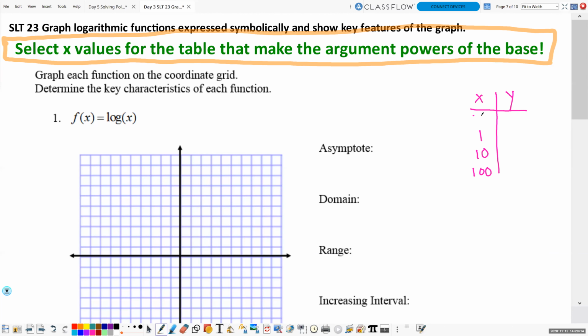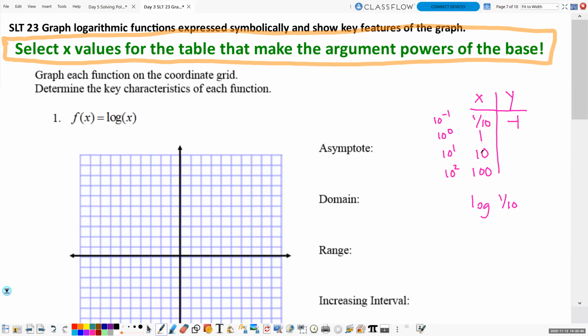1/10. Good. Do you see what I mean, Kevin? I'm gonna pick x values that are powers of the base. That way, when I plug these numbers into my log equation, what's 10 raised to what power gives me 1/10? -1.